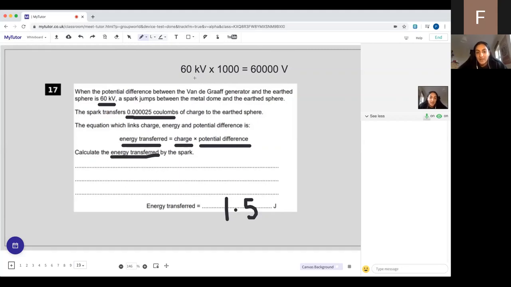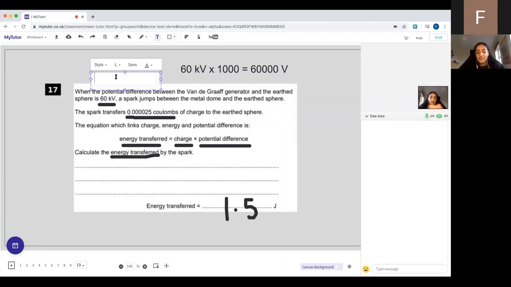So it really depends what comes before the volts, and it is very important that you know the prefixes, we call them, so the little letter that comes before the unit, because the examiners like to put in questions which make you convert first before you do the calculation, just as another way of showing that you are able to pick up on that and know that the potential difference needs to be in volts and not in kilovolts.